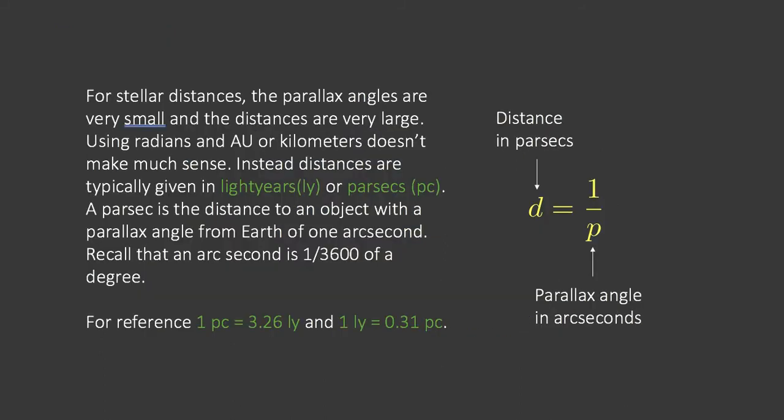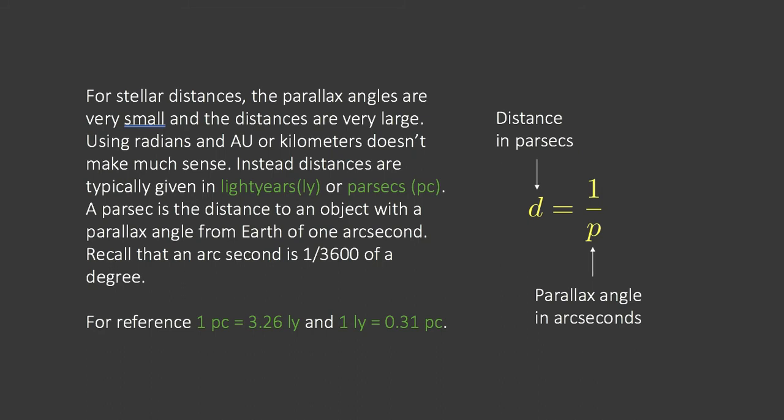Okay, now these angles are going to be very, very small, which means the distances are going to be very, very large. Measuring the distances in astronomical units or even kilometers doesn't make a whole lot of sense. Astronomical units are useful within the solar system, but outside of the solar system, the numbers get so big, we need to go to something different.